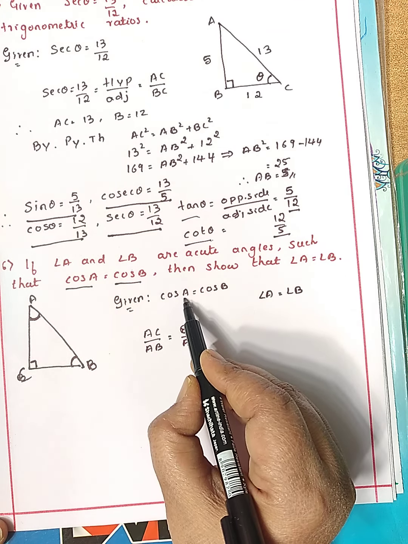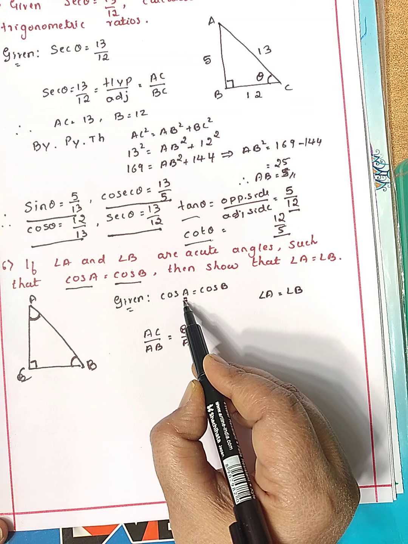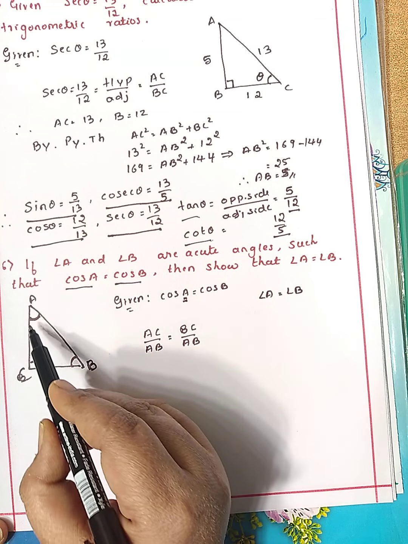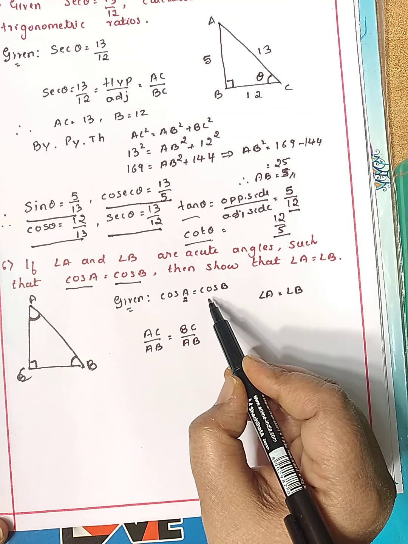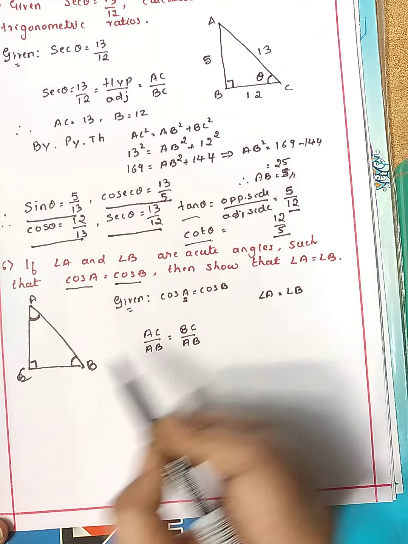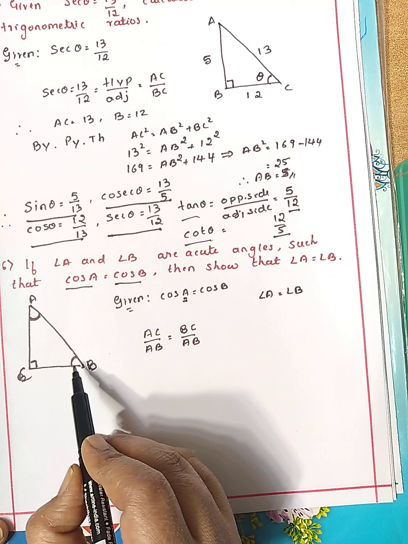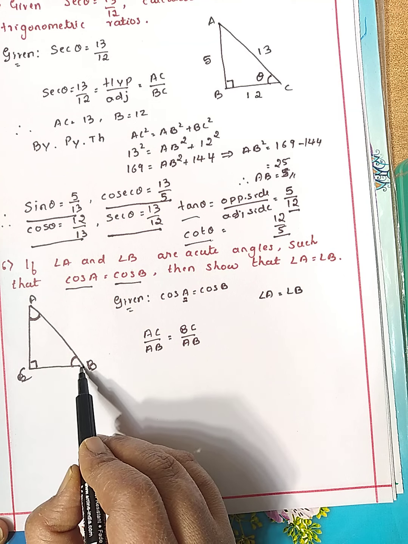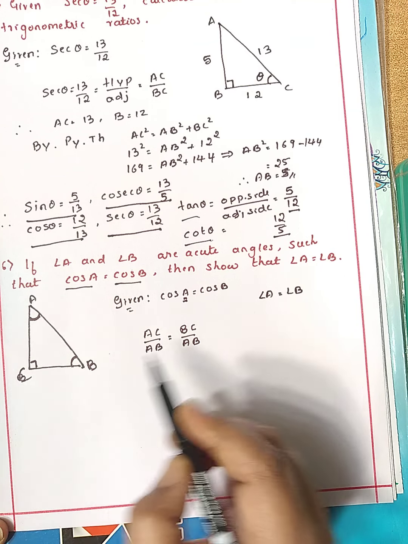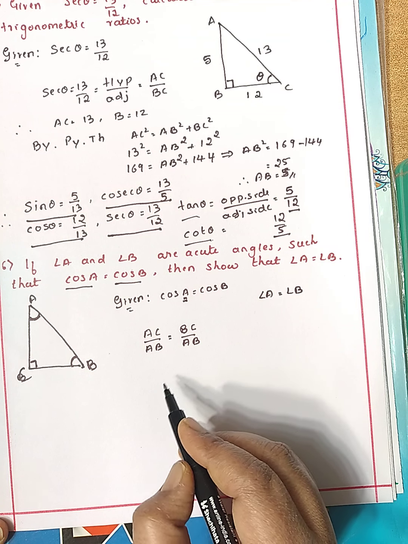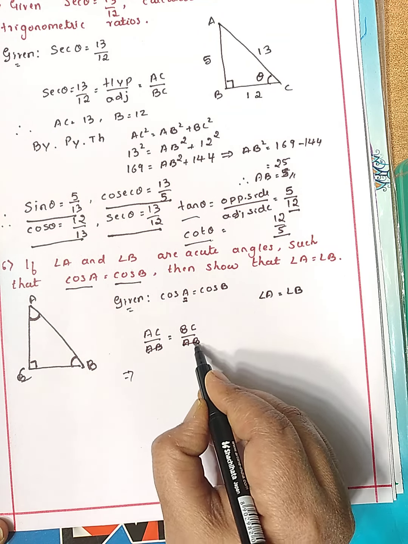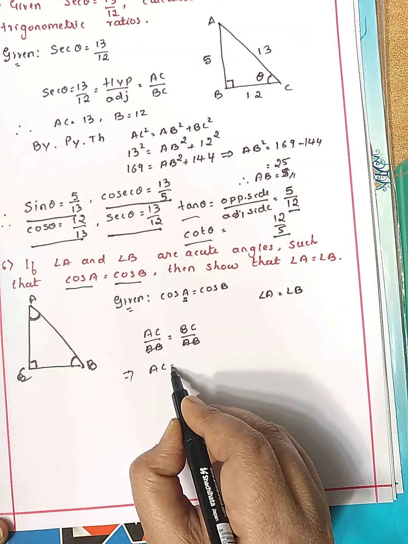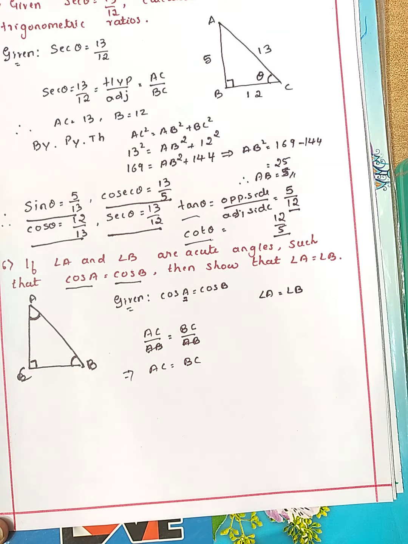See here, for cos A we have to find the trigonometric ratio. For A, AC by AB, we have written that. And cos B, for angle B, adjacent is BC and hypotenuse is AB. Now what happens here? AB gets cancelled here. Therefore AC equal to BC.